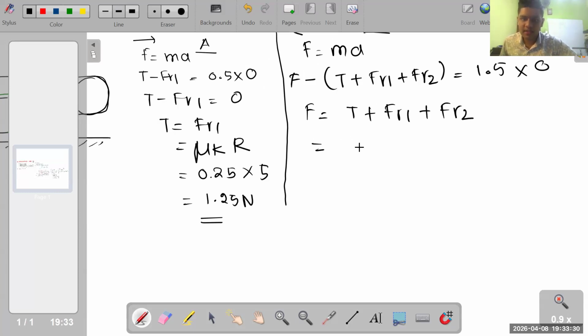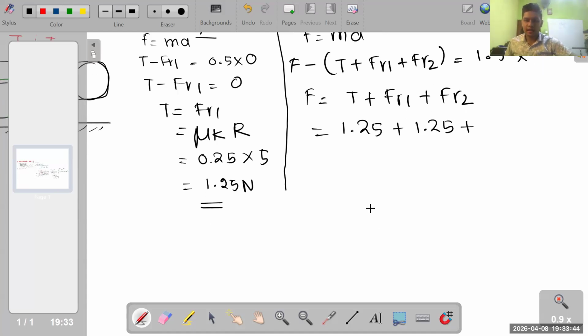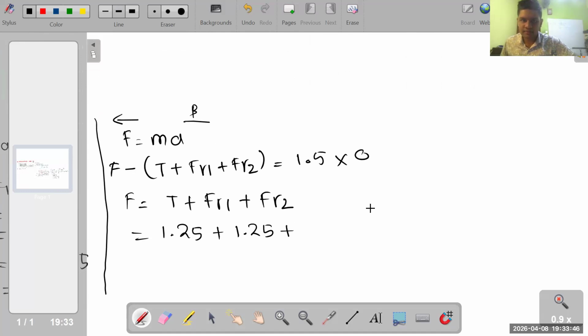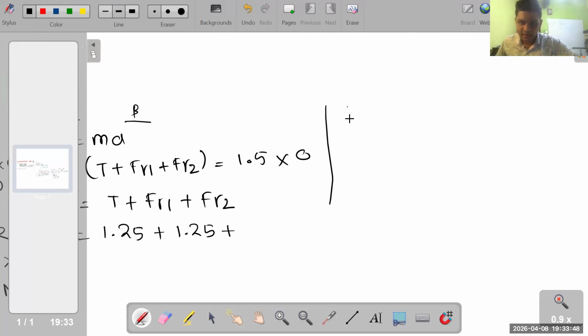I know T. T equals 1.25. I know Fr1 because T equals Fr1 here, so it will also be 1.25. What I should find is Fr2. Frictional force Fr2 equals mu K into the reaction force on B. Mu K is as usual 0.25, as they have mentioned in the question.